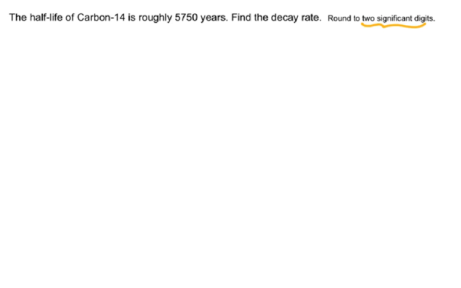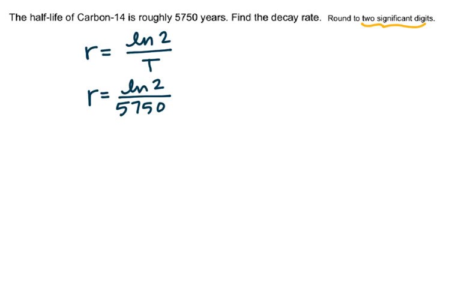Well, we just learned that formula. That decay rate is going to be natural log of 2 divided by T. So the rate at which carbon-14 decays is natural log of 2 divided by 5,750. And if we type that in our calculator, we get 1.205473357 times 10 to the negative 4.